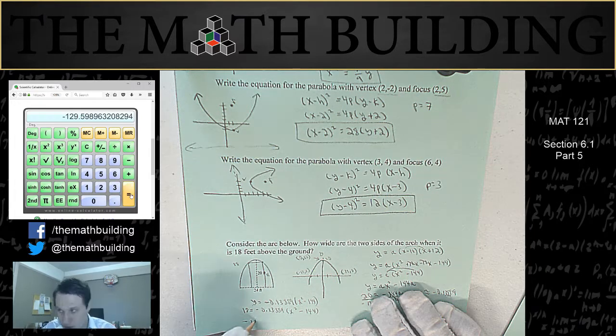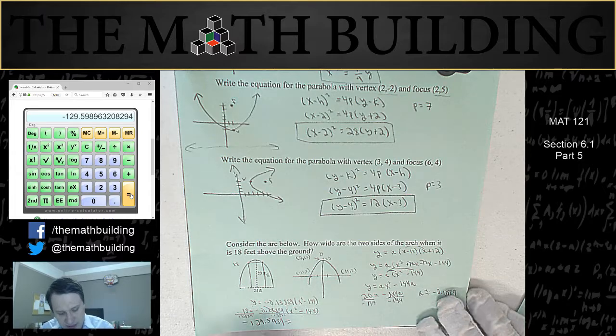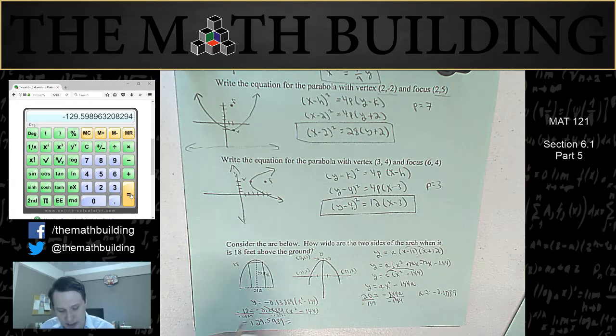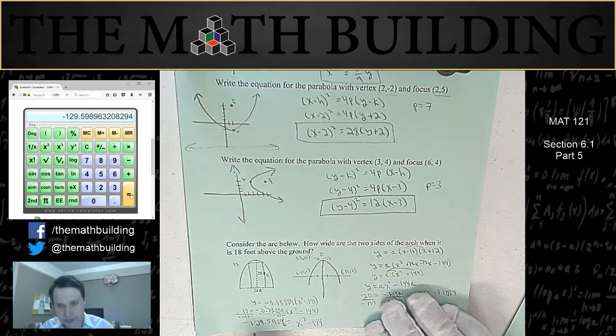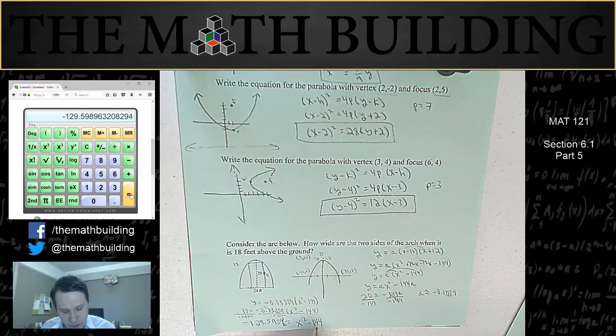We get negative 129.5989, so we divided both sides by negative 0.13889 to cancel. Now that gives us negative 129.5989 equals x squared minus 144. I guess I'll add the 6 so that we don't have to worry about rounding. Now we just add the 144 over, plus 144 plus 144.